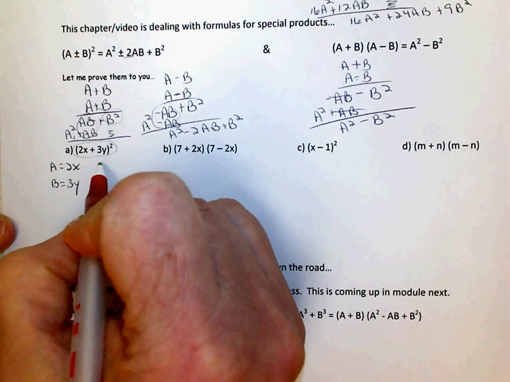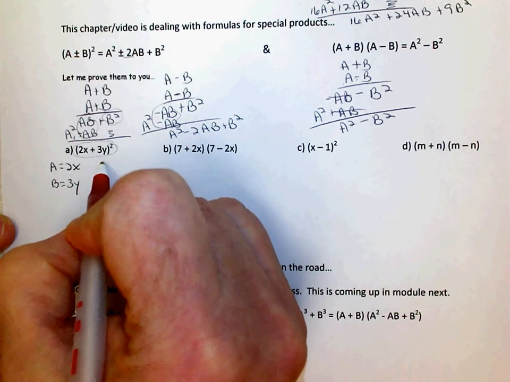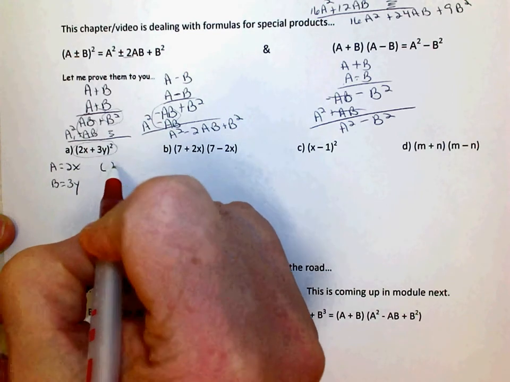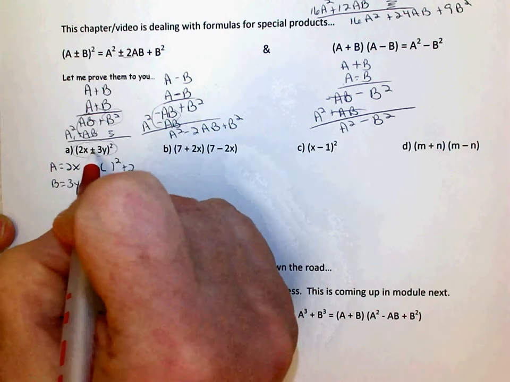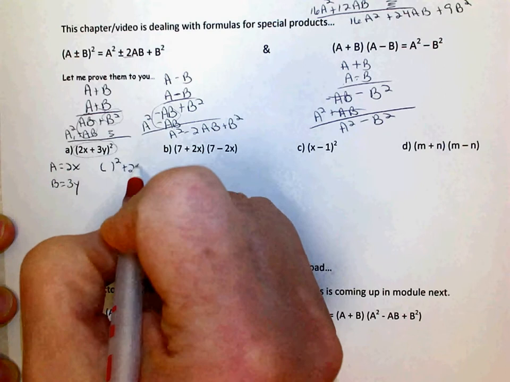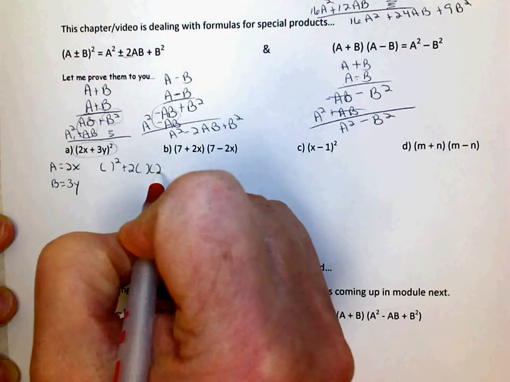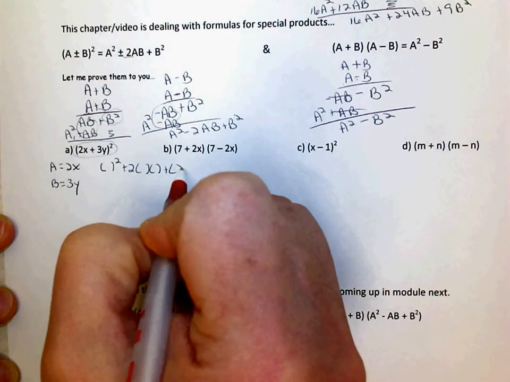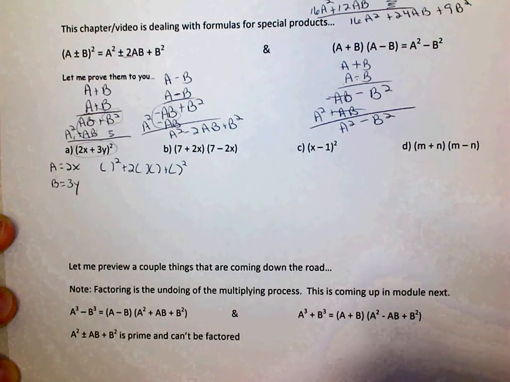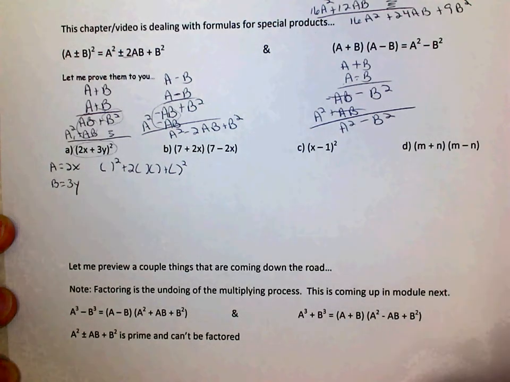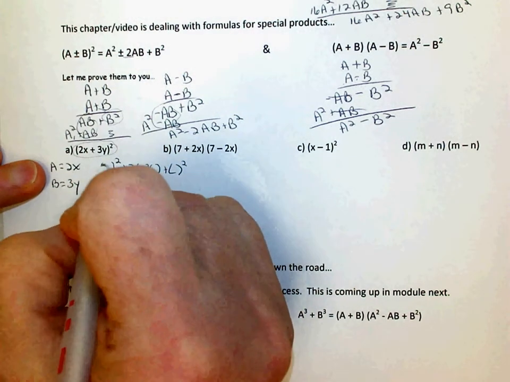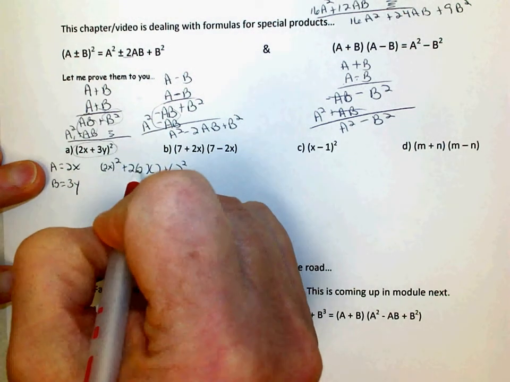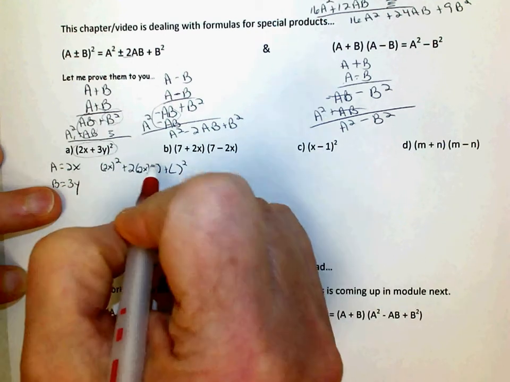Then I'll put parenthesis squared plus 2, because it is a plus, so I'm putting a plus, times A times B plus B squared. Notice how I'm doing it. Alright, my A is 2x. My B is 3y.